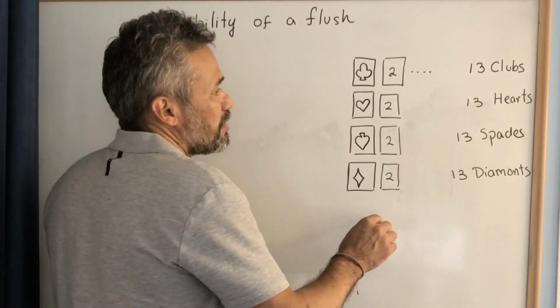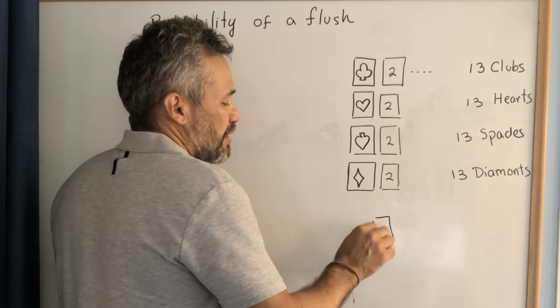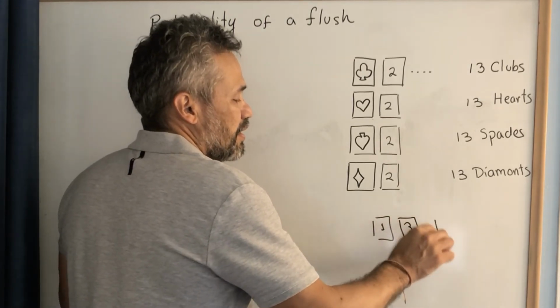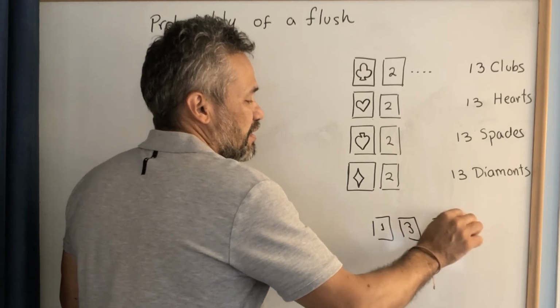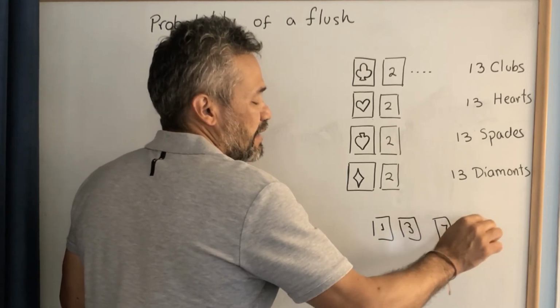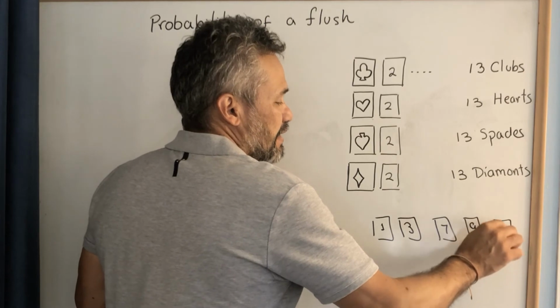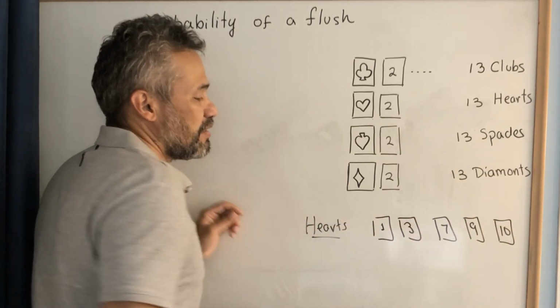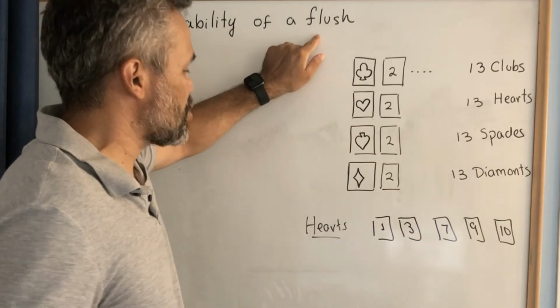For example, if we have the 1 of hearts, the 3, the 7, the 9, and the 10, and all of these are hearts, then we say that we have a flush.